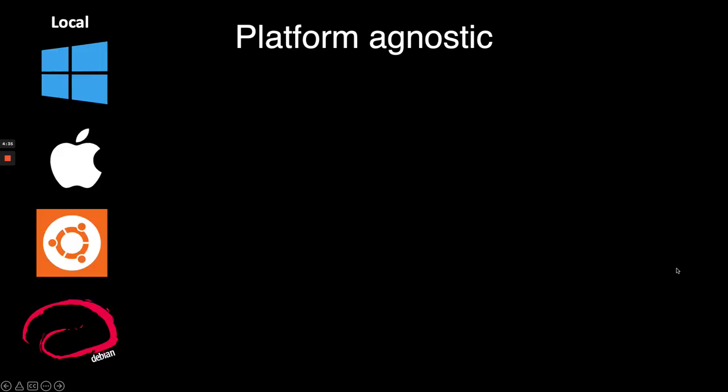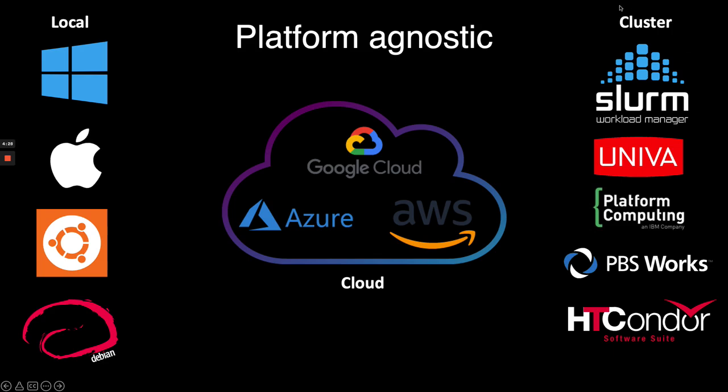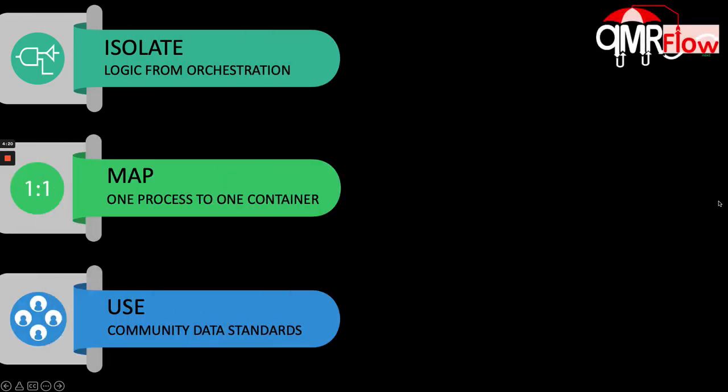Nextflow is platform agnostic. You can run it locally on any operating system. You can run it on clouds and high-performance computing clusters as well. Plus, it can consume data directly from cloud storage providers. And qMRFlow follows these 3 principles. The first one is that workflow logic is decoupled from the orchestration of the processes. In other words, these workflow descriptions are declarative.